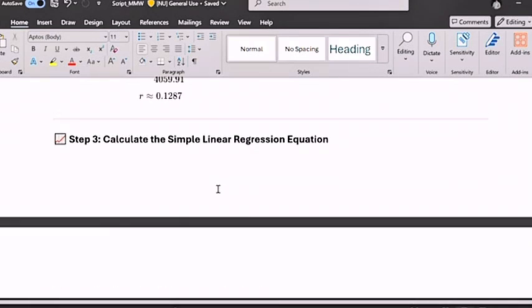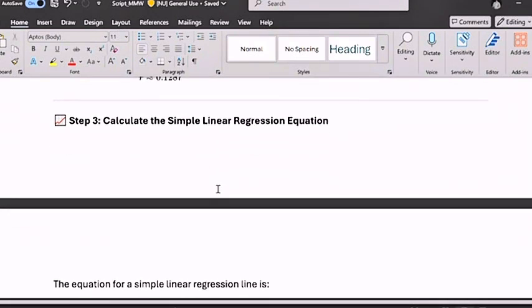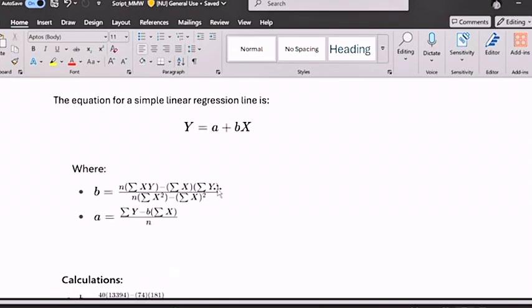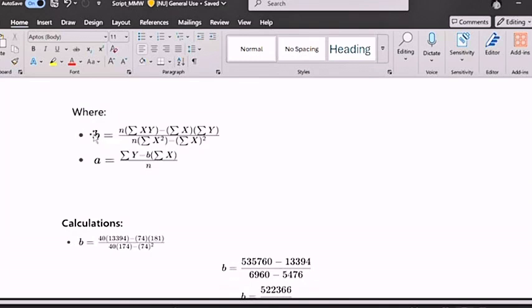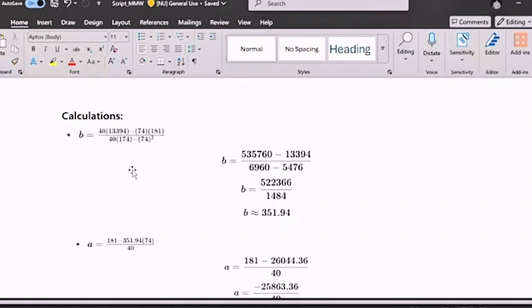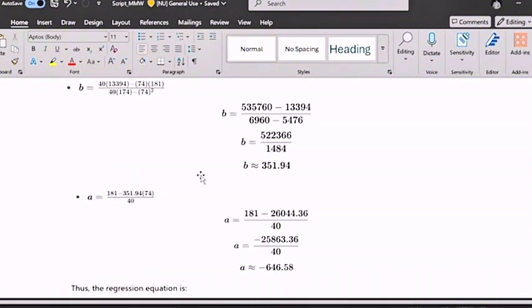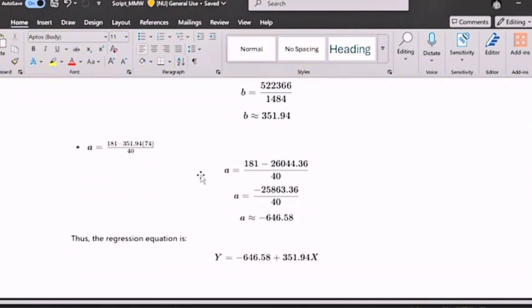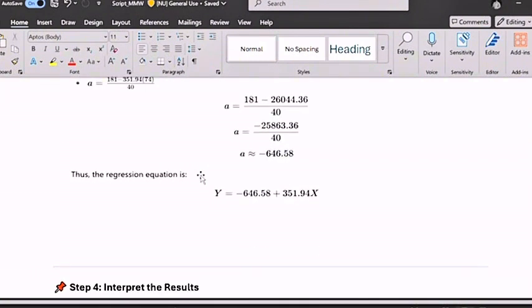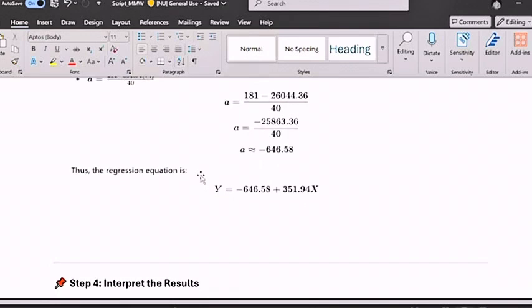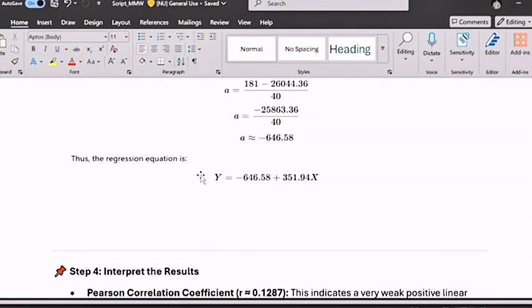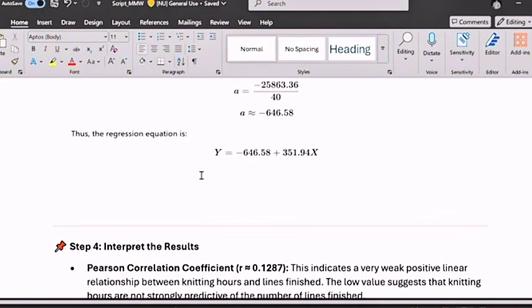After that, we calculate the simple linear regression equation, where the regression line is Y equals A plus BX. After substituting using the formulas, we get B equal to 351.94 and A equal to negative 646.58, so the regression equation is Y equals negative 646.58 plus 351.94x.